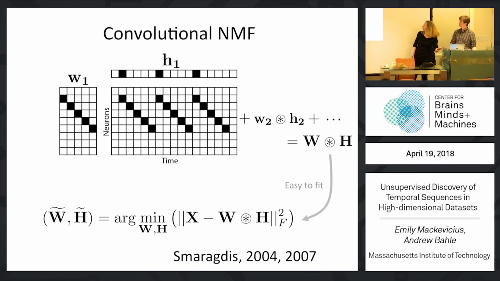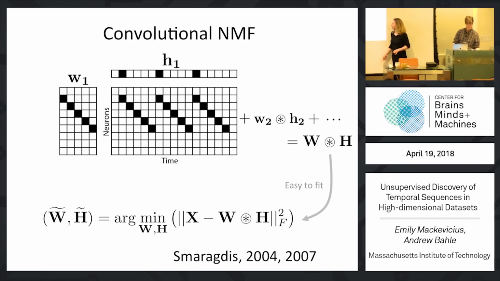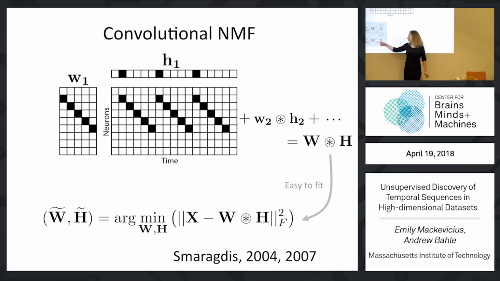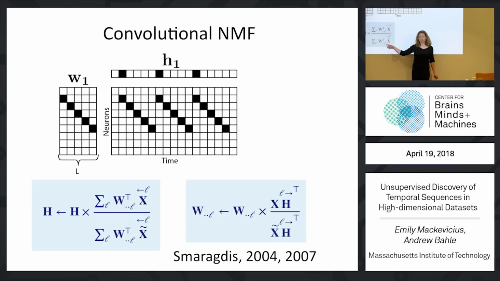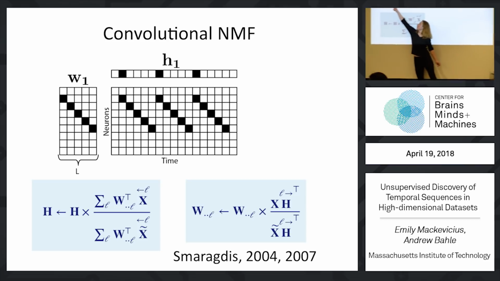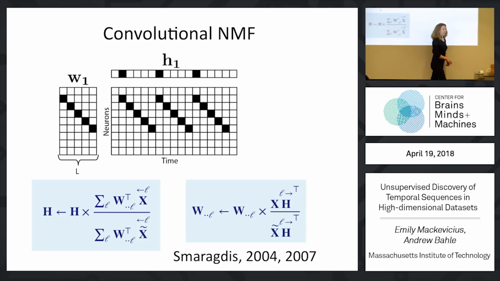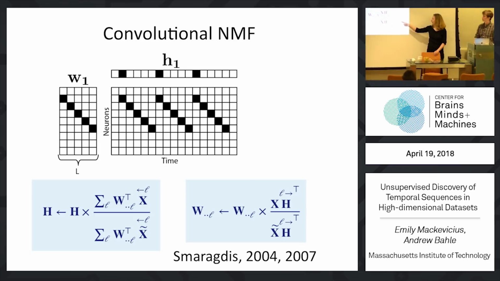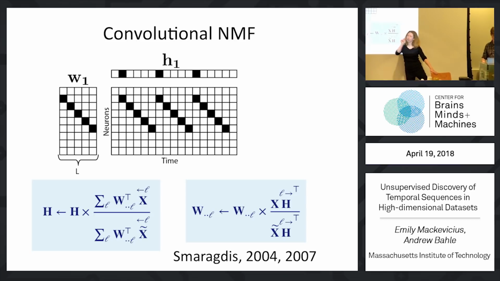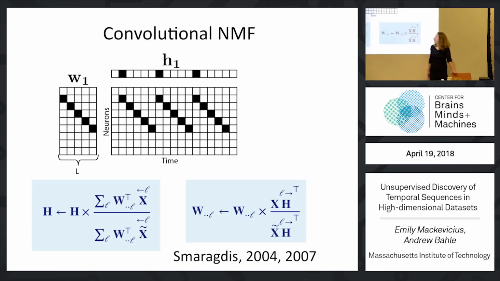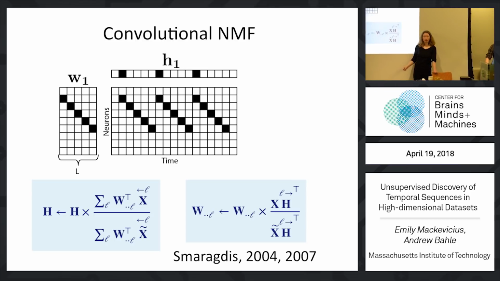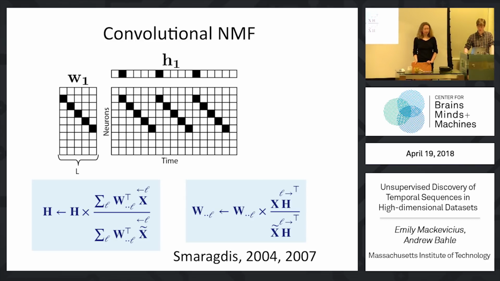So this is similar to what you saw for NMF. It's just done separately for each of these L points. And similarly for the W, you update each of the time lags separately. And so this works very well for extracting these kinds of patterns.